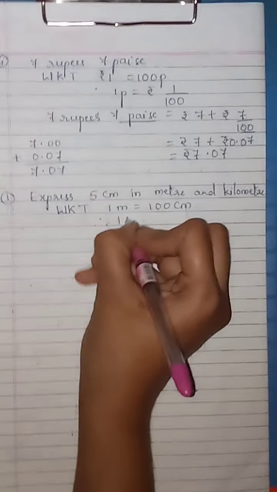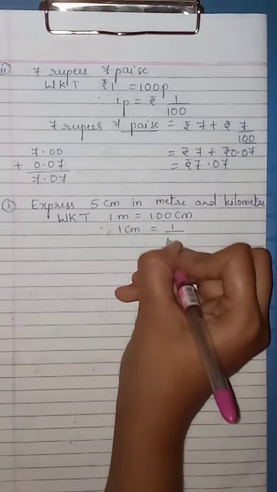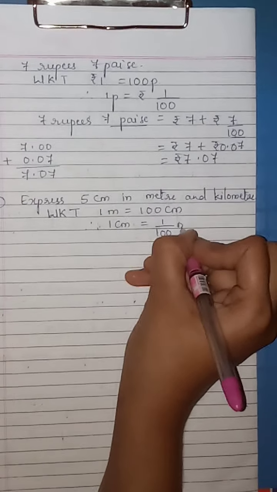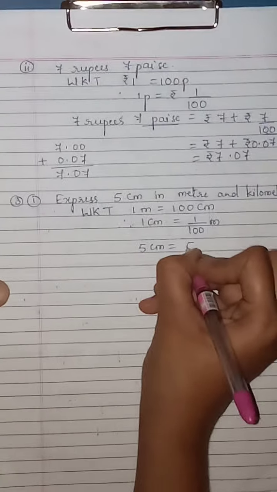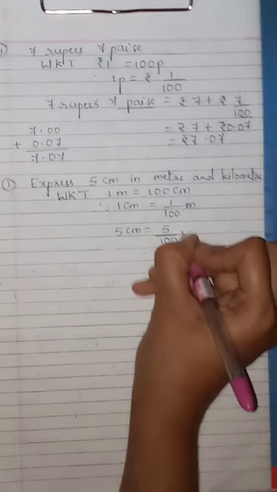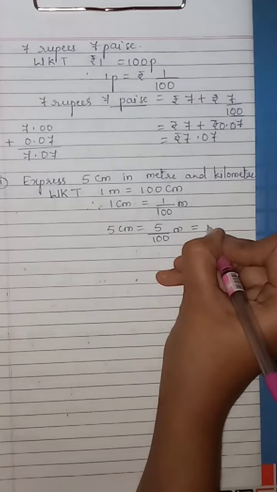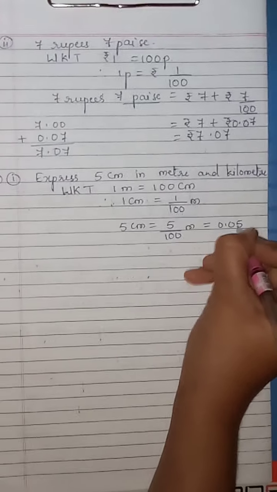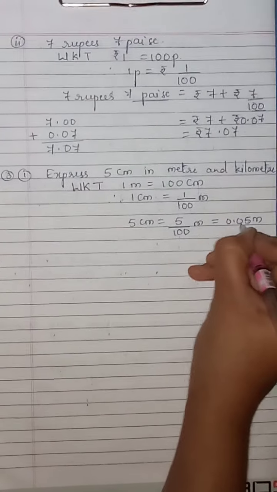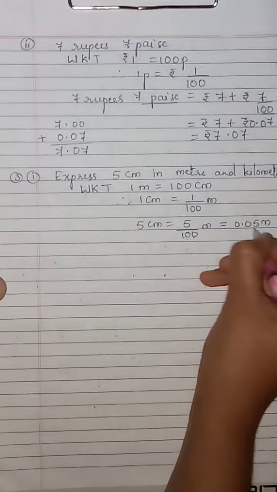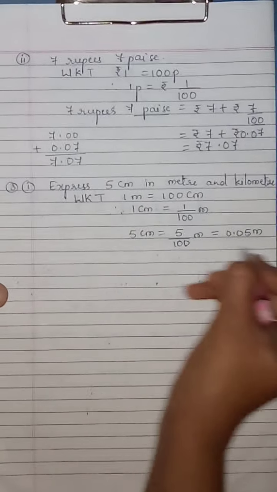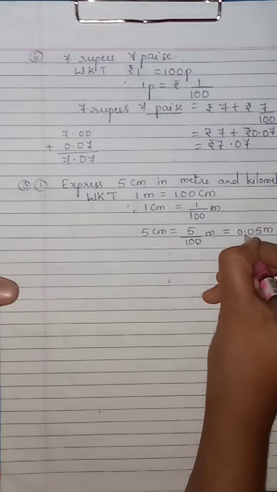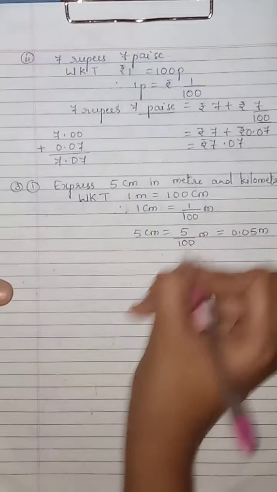Therefore, 1 centimeter equals 1 by 100 meter. Similarly, 5 centimeter equals 5 by 100 meter. That is 0.05 meter. Right here 5, 2 zeros are there. After 2 digits give the decimal point. That is 0.05 meter. See, now you have to convert this again into kilometers.